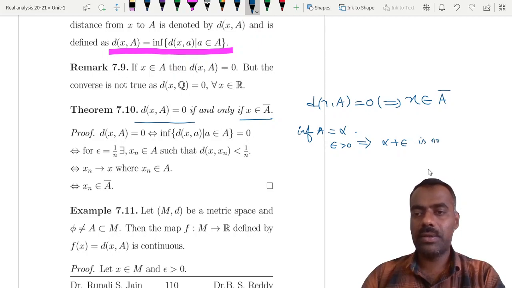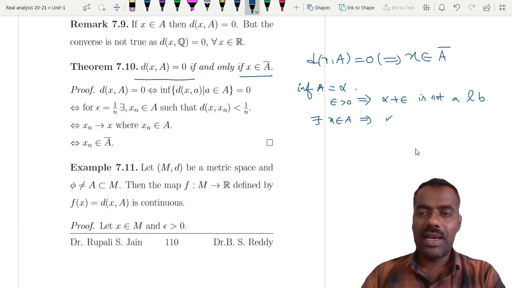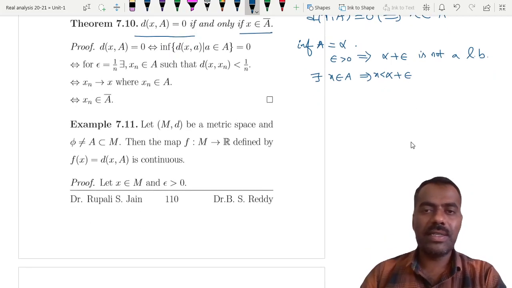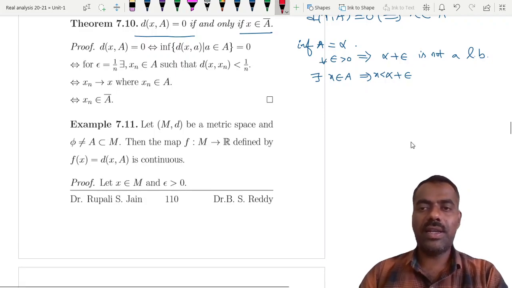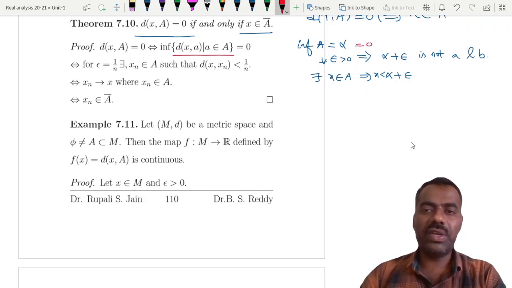If it is not a lower bound, this implies there exists some x in A such that x is less than alpha plus epsilon. This is true for every epsilon greater than 0. So if you recall this statement, then this is your set and the infimum is 0 here, so your alpha is 0.